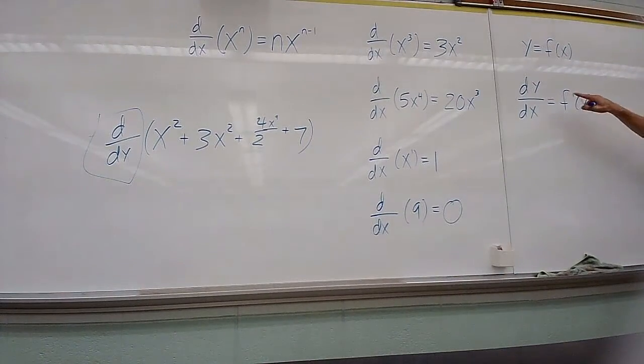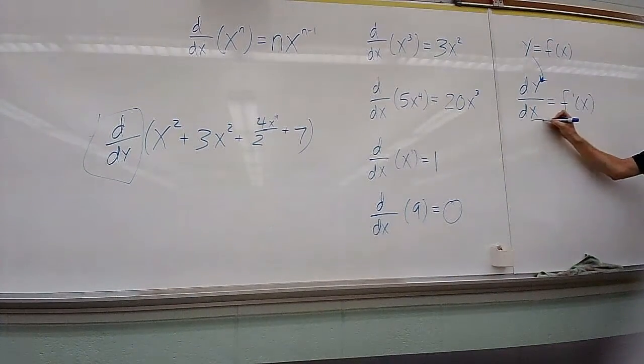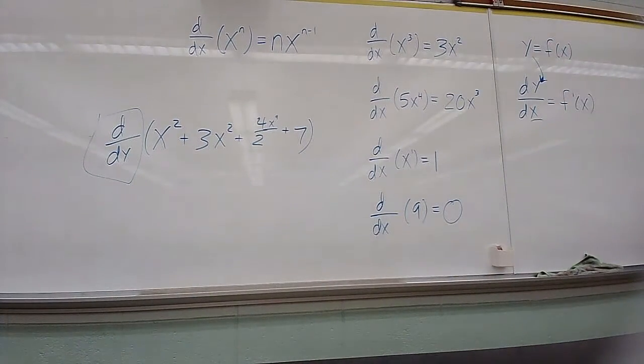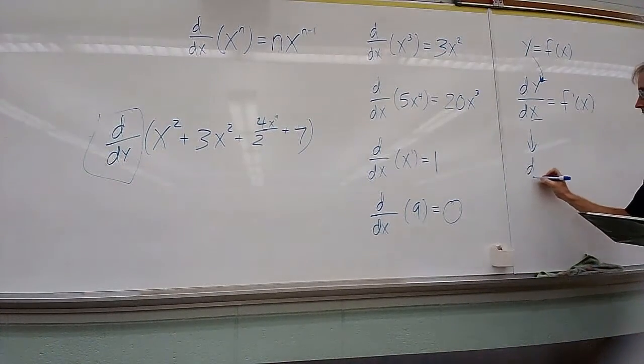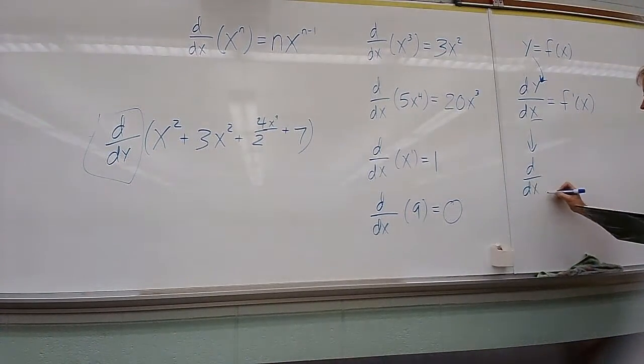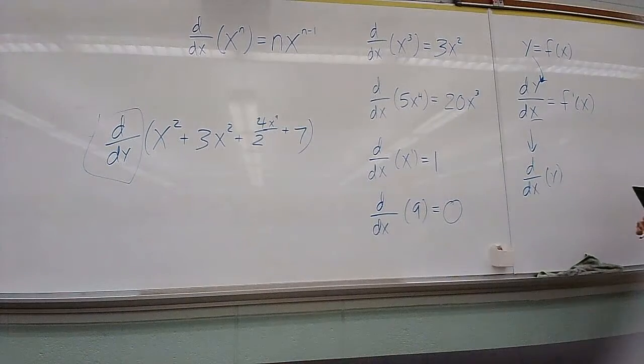So you're taking the derivative of the entire function y with respect to that special letter x, and that's how you would write that down. An easier way of writing this, if all those letters together confuses you, you could go the derivative with respect to x of your function y.